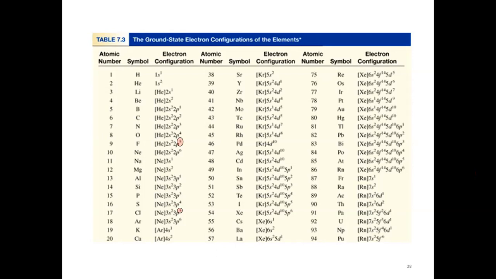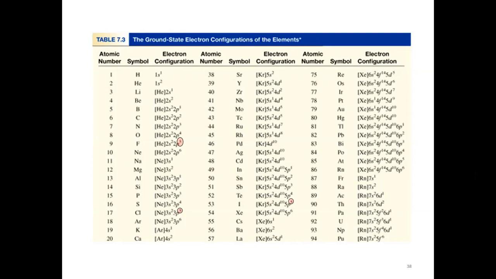And unfortunately, this table kind of skipped bromine, but I'm going to put iodine in here. You can see it there where, again, it's a core of krypton. It has a few electrons in the 4d subshell, and then it ends up again in 5p5. So notice several things about these elements.